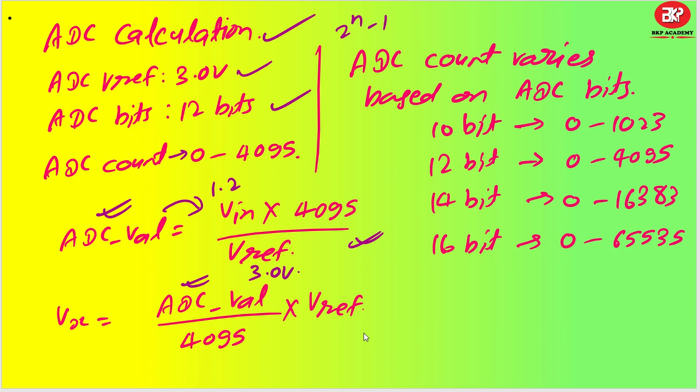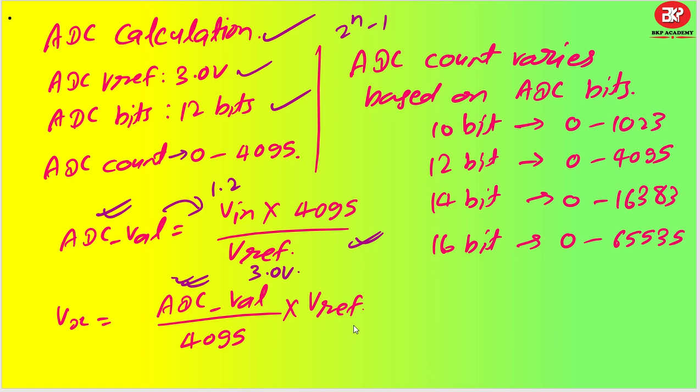As you can see, for the highest ADC value like 4095, Vx will be equal to V reference, and if the ADC value is lower, this ratio multiplied by V reference will be less than 1 times V reference. It means my Vx will be lesser than V reference.